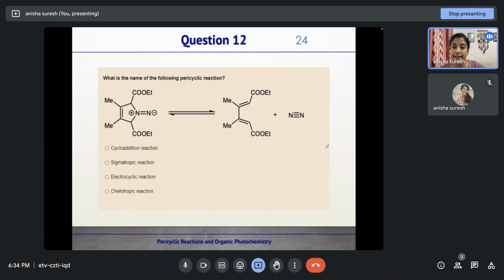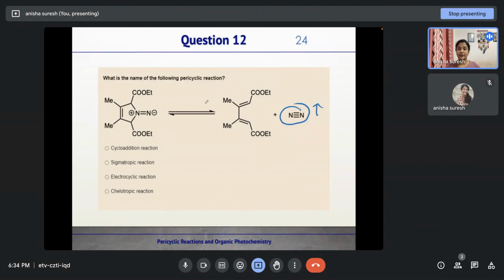Now coming to the next question. We have this as the starting material. It undergoes some reaction, leading to the formation of this and a nitrogen molecule. We have seen a similar reaction in the previous question, so it is easy to address this one.